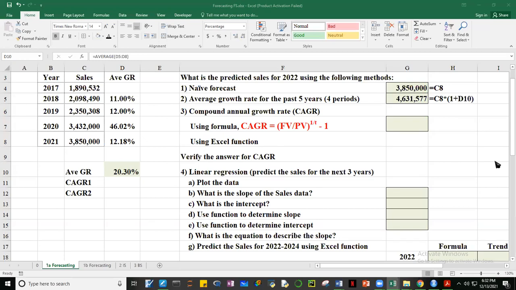I appreciate questions. Let's give a few more seconds for others who might be having some issues solving the forecasted sales for 2022 using the average growth rate. We need to compute the average growth rate first. I think we're okay now, no?